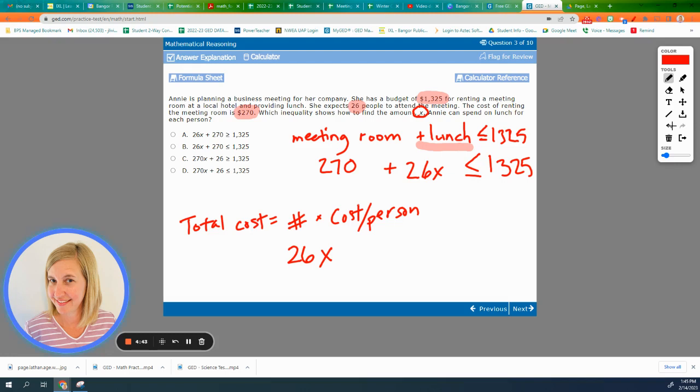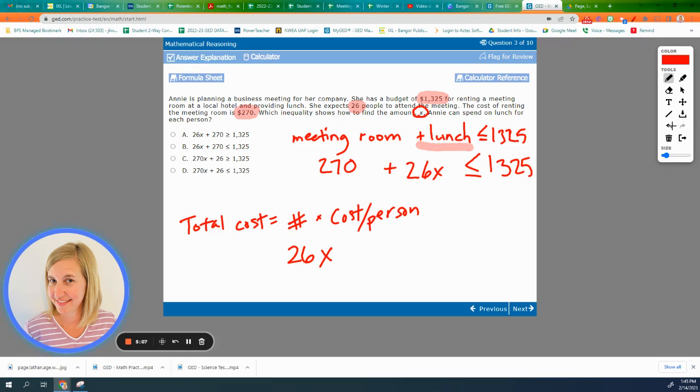So if we look over here at the answer choices, the first thing I look at is the greater than or less than symbol. It's got to open up to the 1,325, right? 1,325 has to be greater than or equal to what I spend.